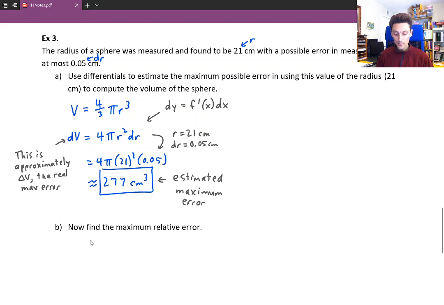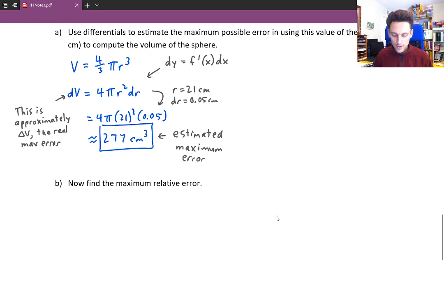Then it says for part B, now find the maximum relative error. Now the issue here is that 277 cubic centimeters sounds like a lot of possible error in our volume. Oh, and I should mention too that the units here are important to write. You want to write the cubic centimeters because we had radius in centimeters, so the volume will be cubic centimeters.